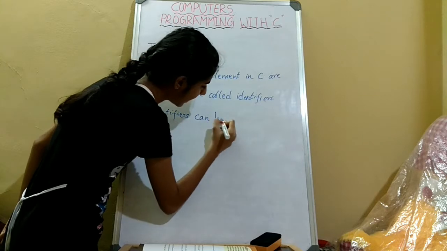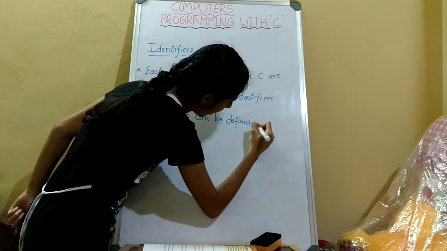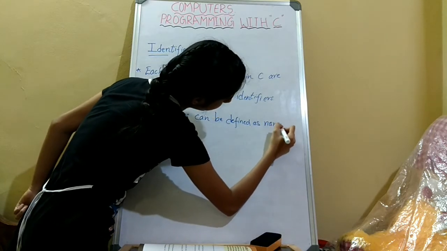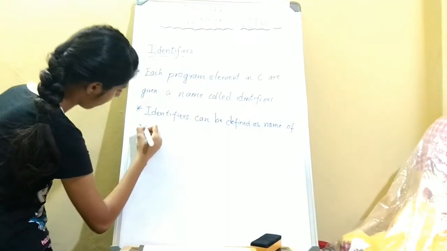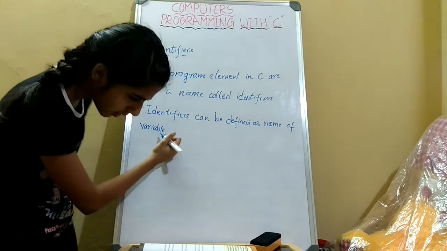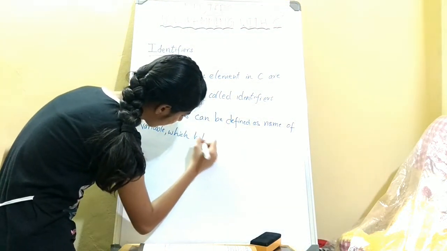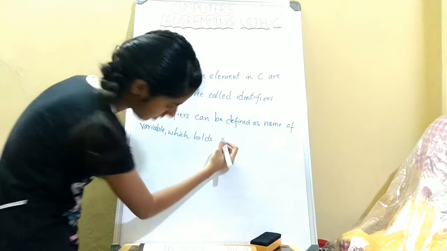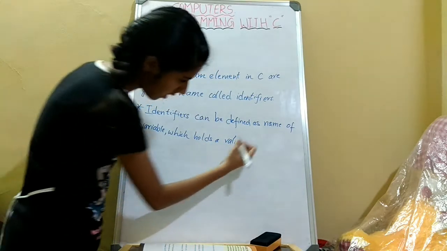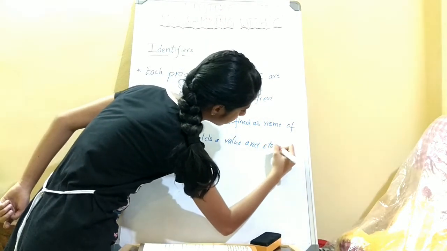Identifiers can be defined as the name of a variable which holds a value and stores the data.